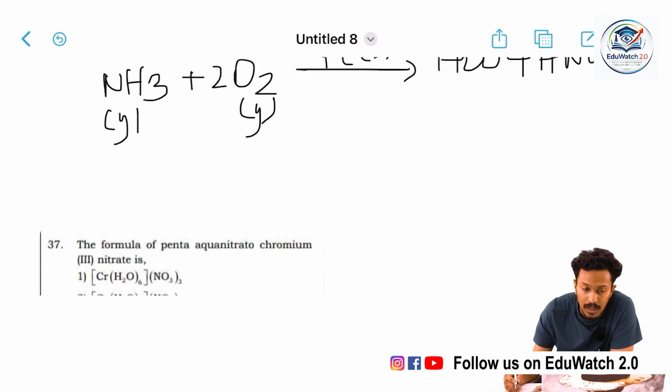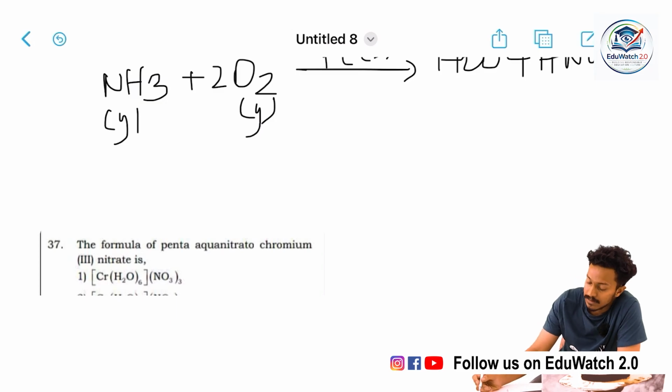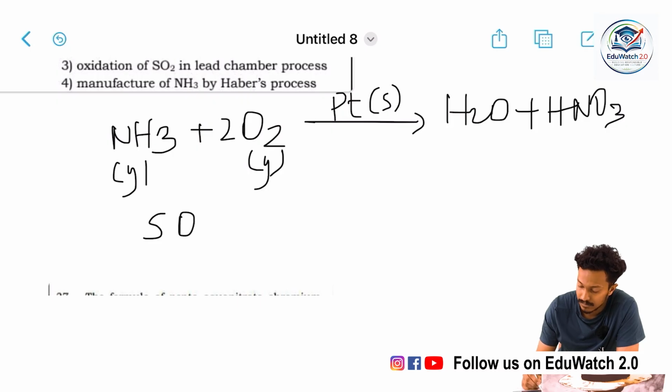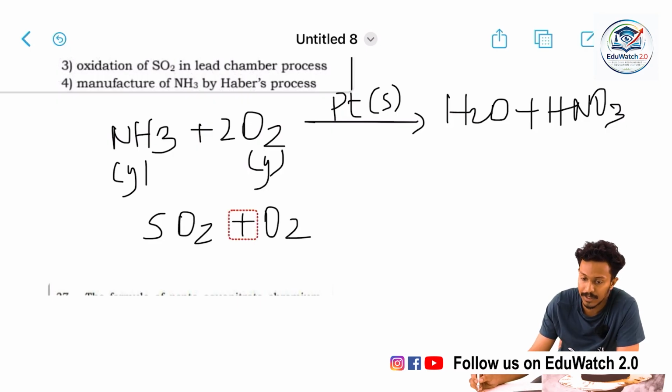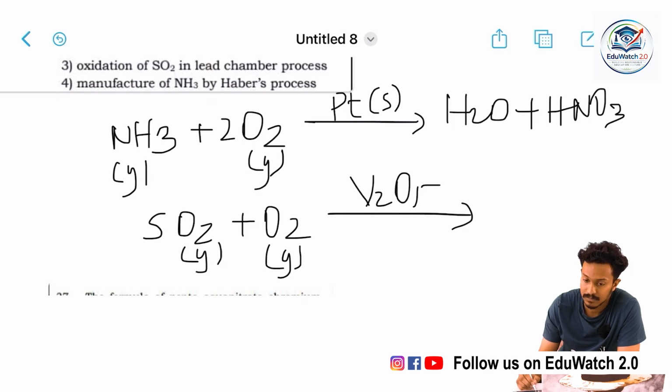Here sulfur dioxide is treated with oxygen in the presence of vanadium pentoxide. Both the reactants are gaseous, which gives sulfur trioxide, SO3.